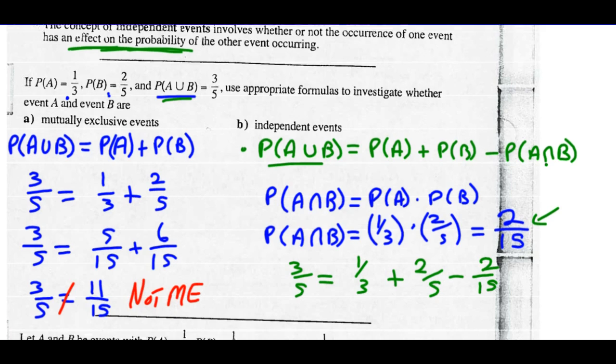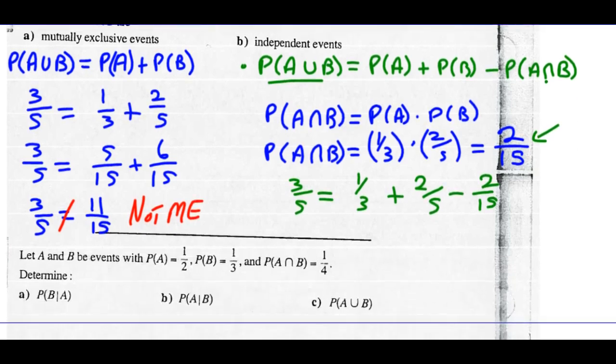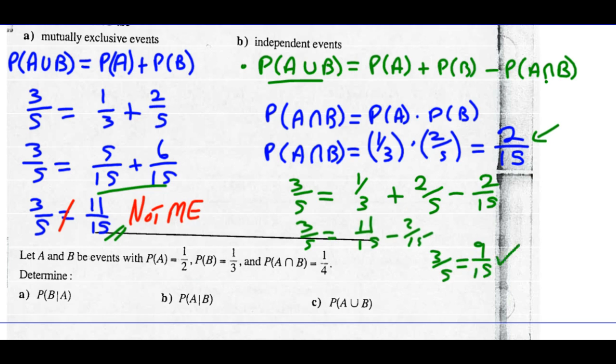So let's finish calculating that. We've got 3/5 equals, we did this already, 1/3 plus 2/5 is 11/15. So this is 11/15 minus 2/15. So we get 3/5 equals 9/15. Well, 3/5 does equal 9/15, so that's true. So because that's true, these events are independent. So yes, they are.